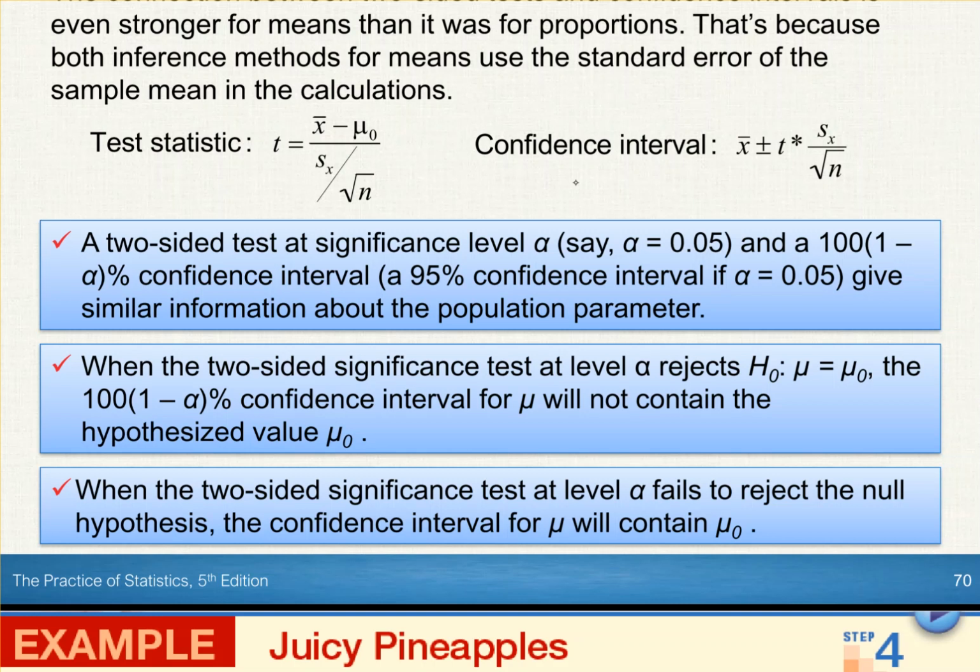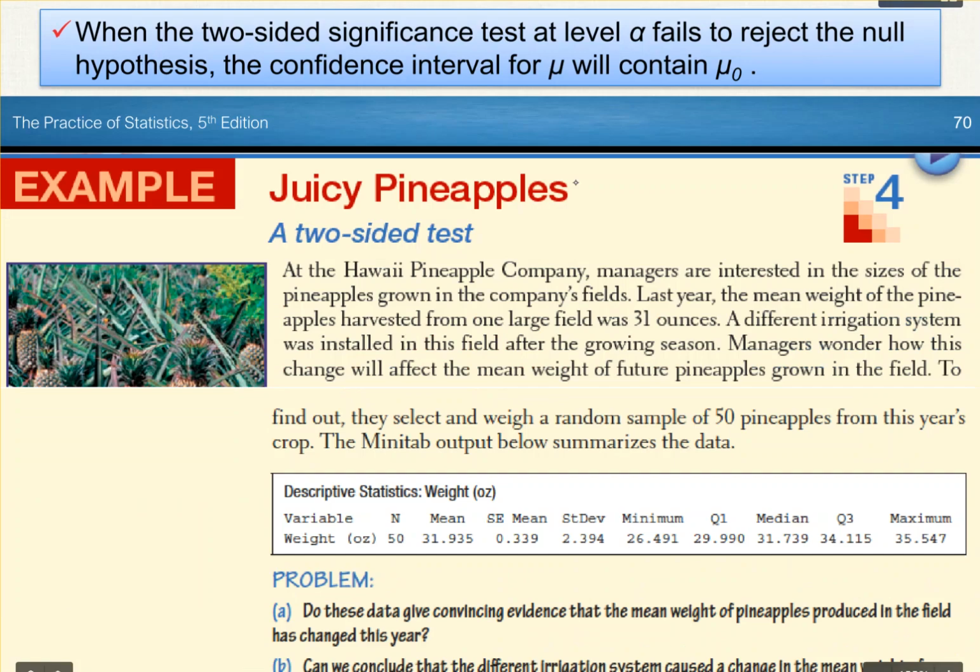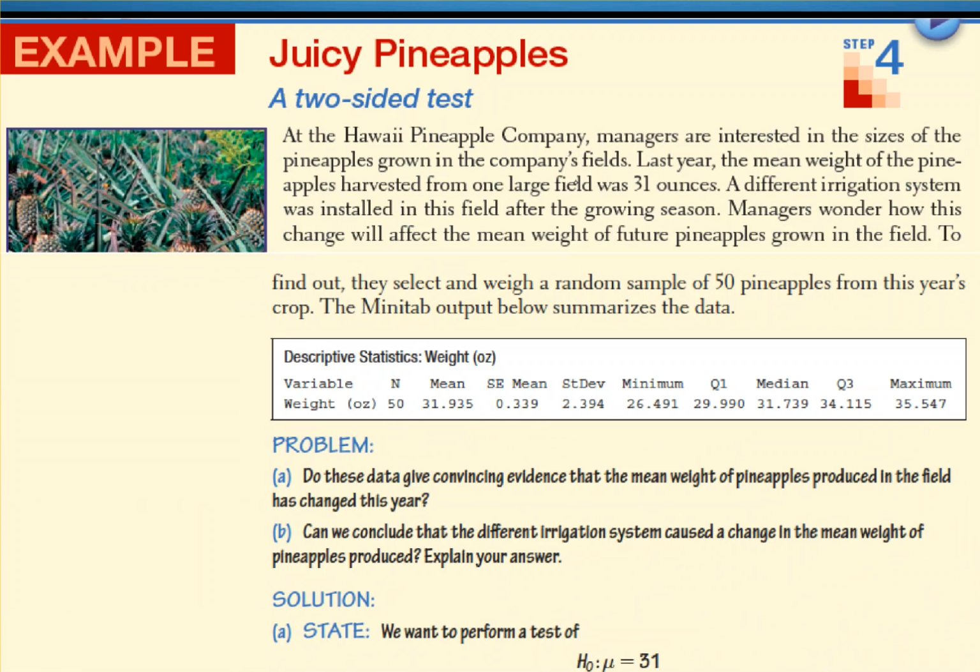So if the two-sided significance test rejects the hypothesis, then the confidence interval, again, if alpha was 0.1, this would be a 90%, if alpha was 0.05, this would be a 95%, will not contain it. If it fails to reject, then the confidence interval will contain it. So very similar information.